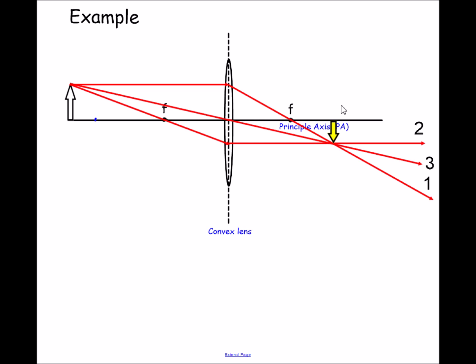Which basically means then that the image of that object is right here, okay? This is an image that can actually be projected away from the lens, right? Notice that it's actually upside down as compared to the actual object itself, and it's actually smaller in height than the object itself is.